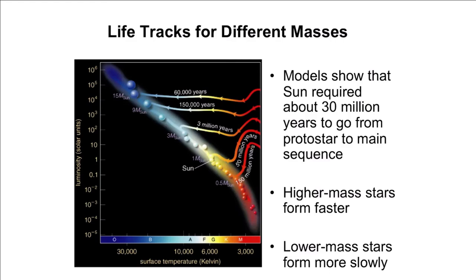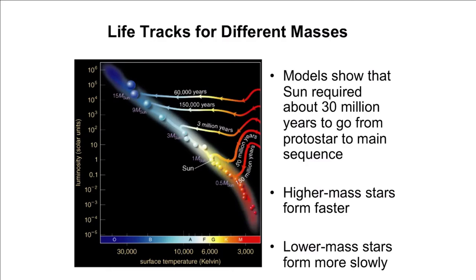Notice also the vast differences in the time scales for these. It's not just that these 15 solar mass stars up here lead shorter lives on the main sequence. Everything they do is faster, including reaching the main sequence, right?